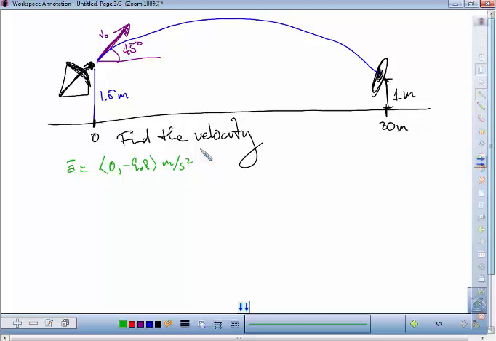So those are the two pieces of initial conditions that we need to be able to solve this differential equation. And I think the position is still the same, that r of 0 is equal to 0, 1.5.